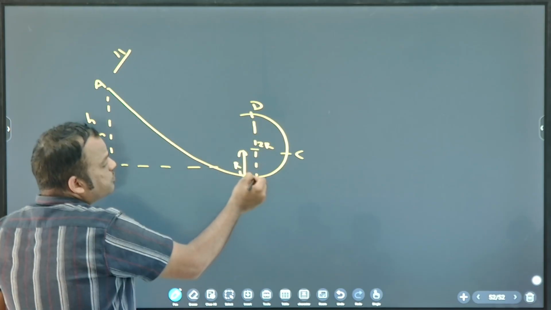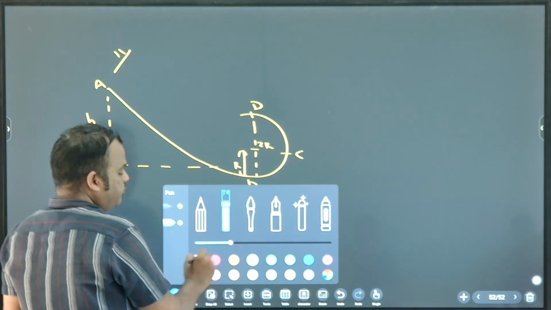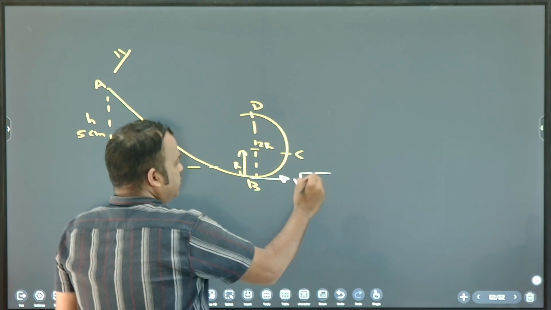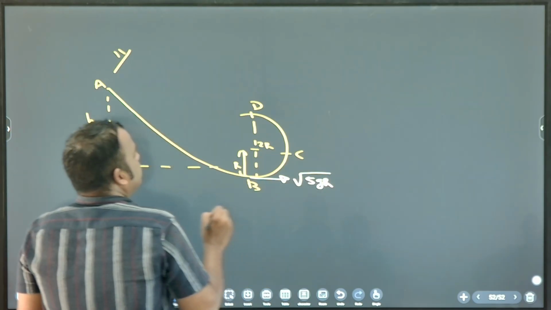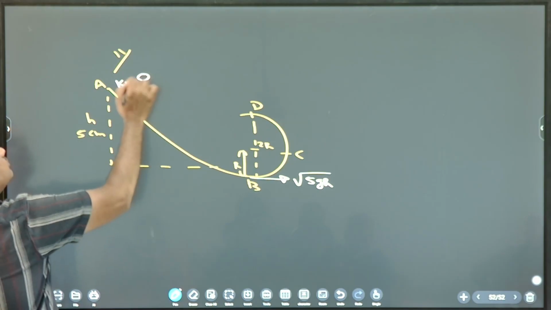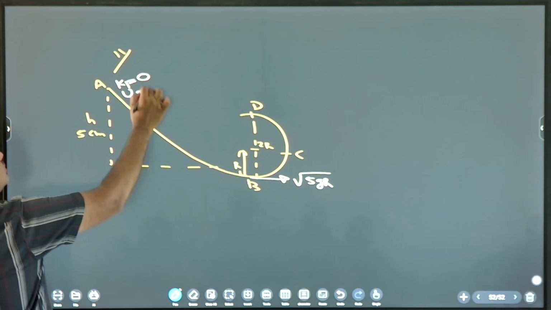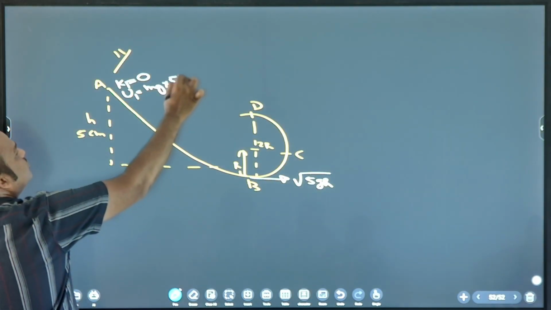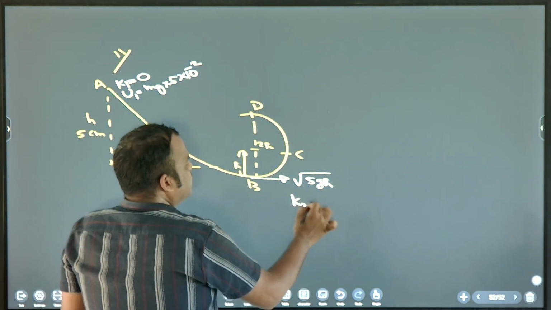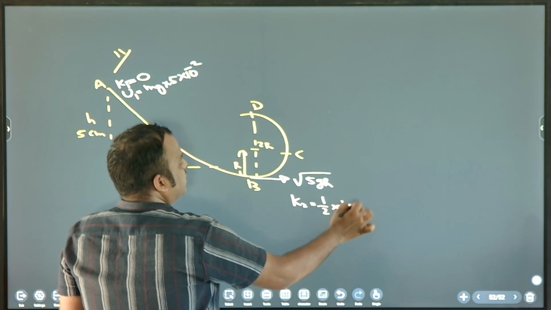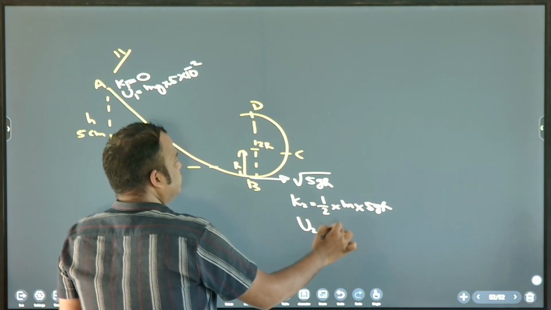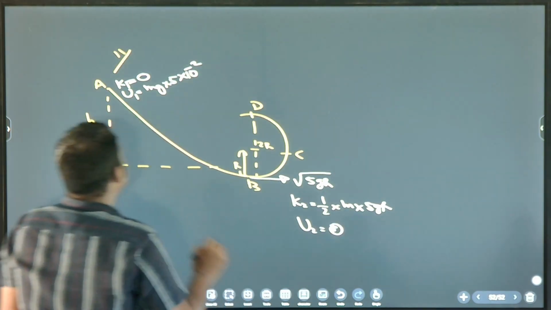So what should be the speed here? We have the formula for this. What is the speed here? Square root of 5gr. Very good. So now conserve the energy. What is kinetic energy here? 0. Potential energy here: mg into 5 into 10 power minus 2. And what is kinetic energy here? Half m into 5gr. And potential energy here? 0.